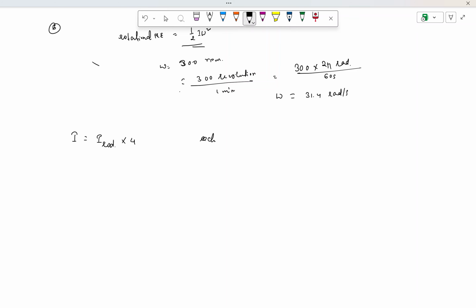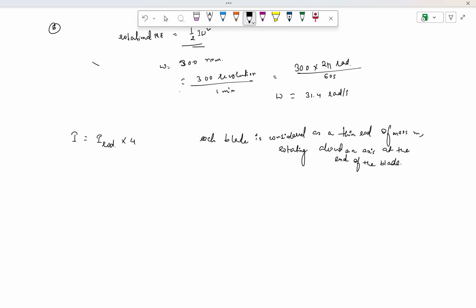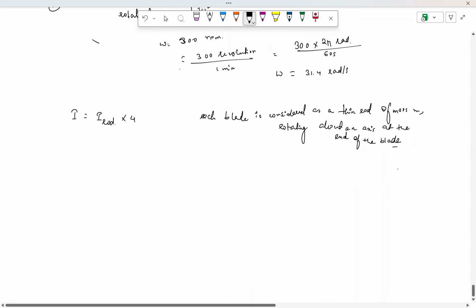Now each helicopter blade, basically each blade, is considered as a thin rod of the same mass for all of them, rotating about an axis placed at the end of the blade.